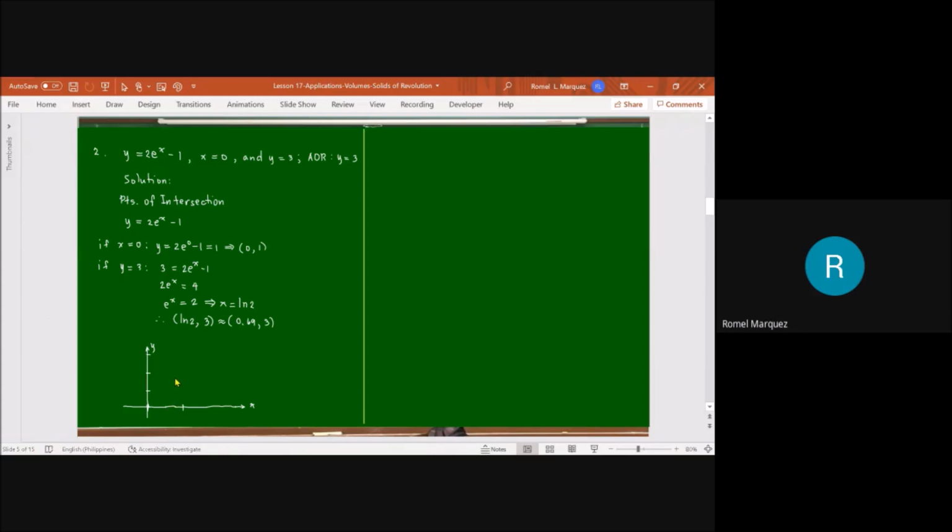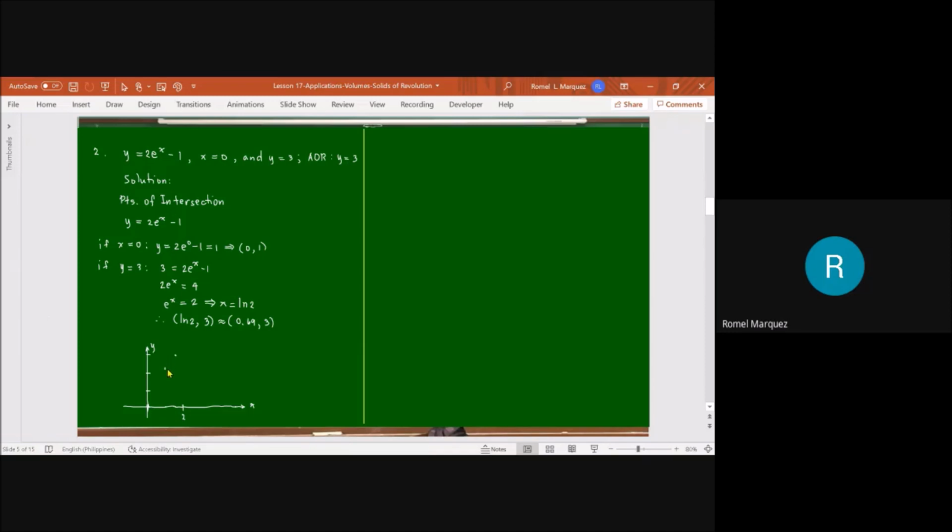So somewhere here is the 0.7. Intersected where? At 3, no? When x is 0.5, 2 e to the 0.5 minus 1 is 2.29. So 0.5, 2.29. So it's here. Okay?